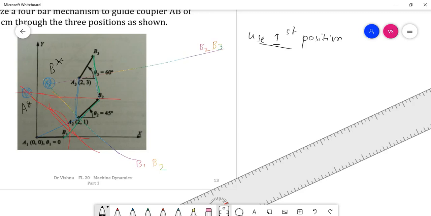Here is A1, B1. So connect A1 with A star, and B1 with B star.